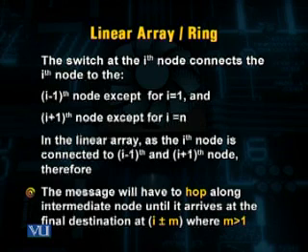That is, if the source is at any position I and the destination is at I plus 4, then it has to hop through the intermediate nodes and finally it reaches the destination.